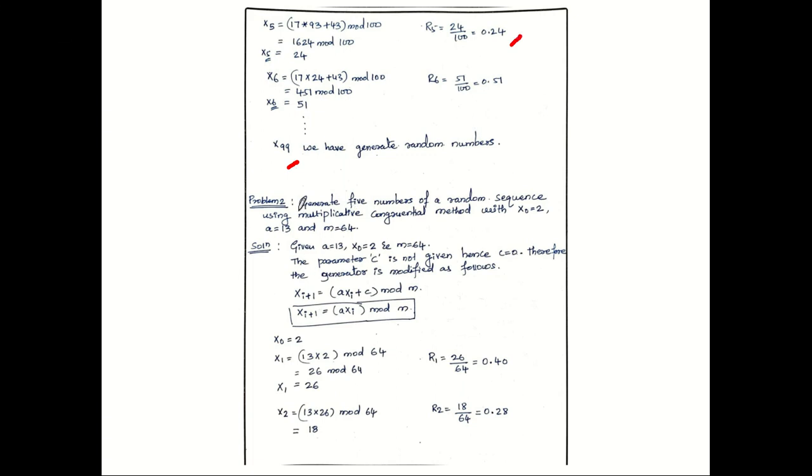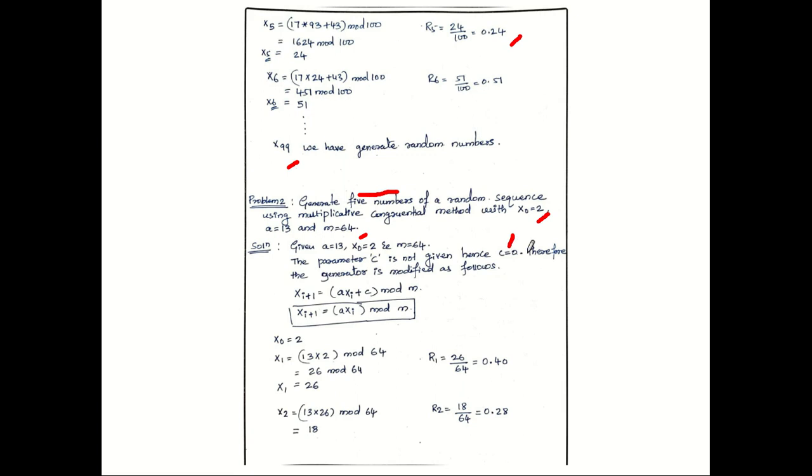So let us consider the second problem statement. Generate 5 random numbers using the multiplicative congruential method with x0 equal to 2, a equal to 13, and m equal to 64. In this problem statement the parameter value c is not given, hence we will consider the value of c as 0.